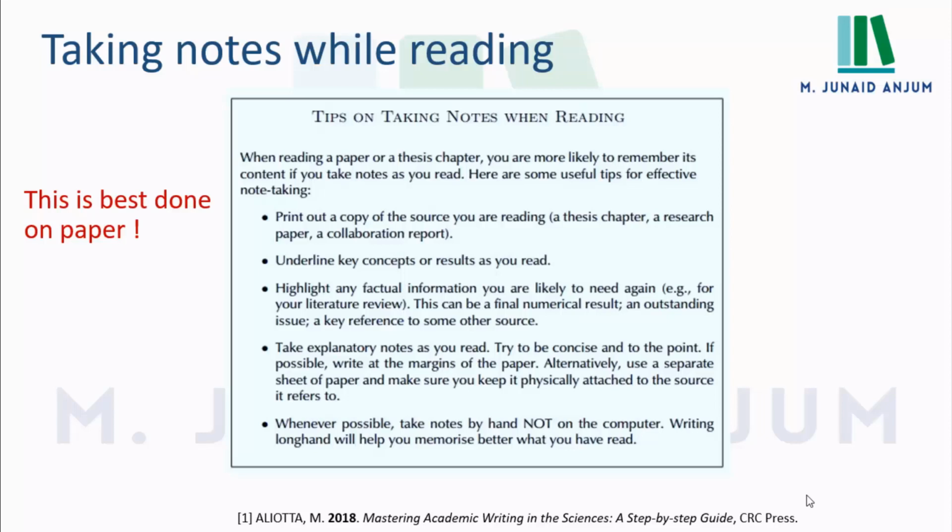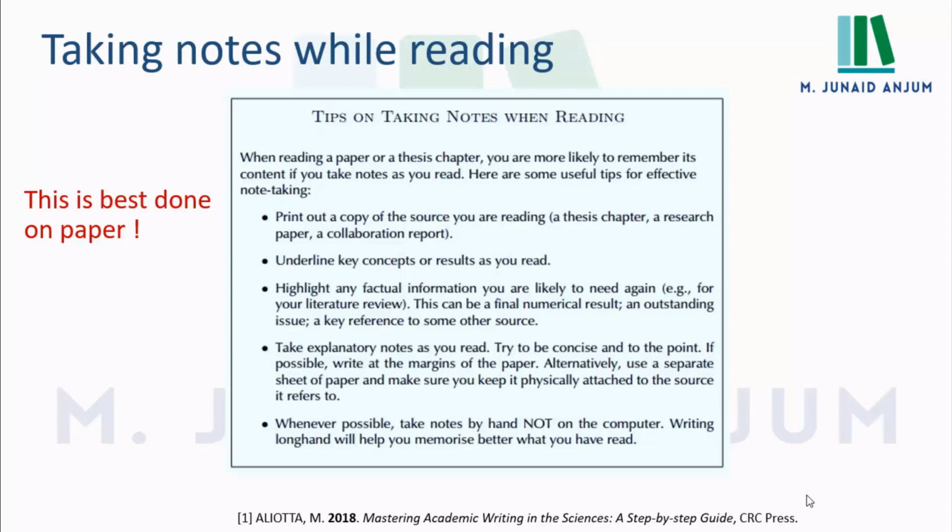Print out a copy of the source you are reading, underline key concepts or results as you read, and highlight any factual information you are likely to need again. This can be final numerical results, an outstanding issue, or a key reference to some other source. Take explanatory notes as you read and try to be concise and to the point.